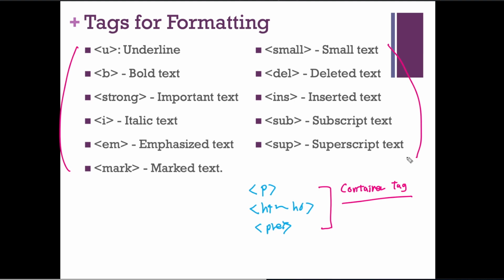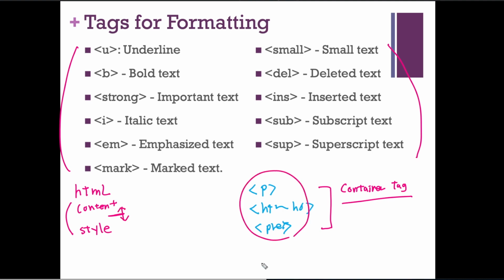I want you to remember this from the very first week I taught HTML. The whole idea is that content and style are separated. Content is delivered by the P tag, H1 tags, or the UL or OL tag, ordered list and unordered list. These are all container tags. They can contain content, but all these other tags are formatting tags. They're not holding content, but they decorate content.